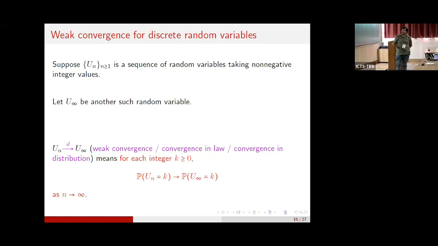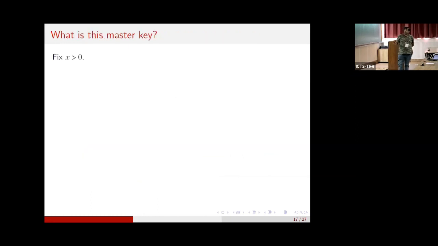Here, this notation, weak convergence or convergence in distribution, will just mean that the probability of U_n taking a particular non-negative integer will converge to the probability of U_infinity taking that particular integer. Okay, so it just means that the distribution, or the probability mass function, of the random variables converges. That's all this means.